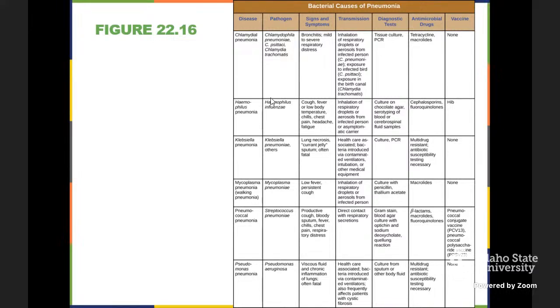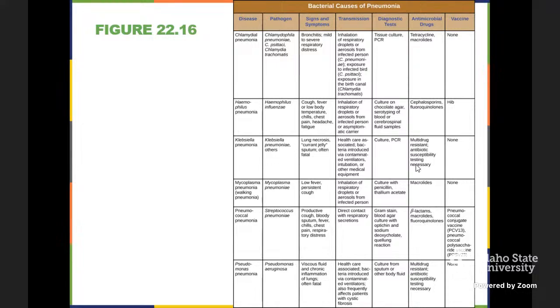We saw the Haemophilus: coughs, fever, low body temperature, so not a fever, chills, chest pain, headache, and fatigue, kind of flu-like, right? But typically with the flu, we're thinking fever, right? Klebsiella pneumoniae, this is a bacterium that's also a super good capsule producer, another virulence factor.